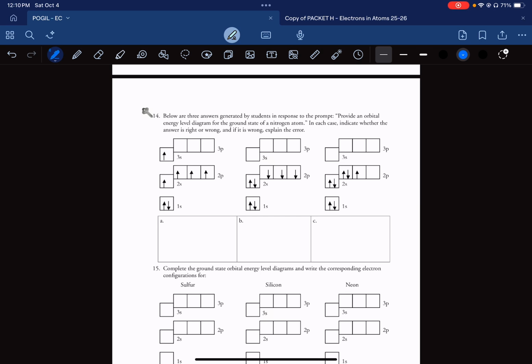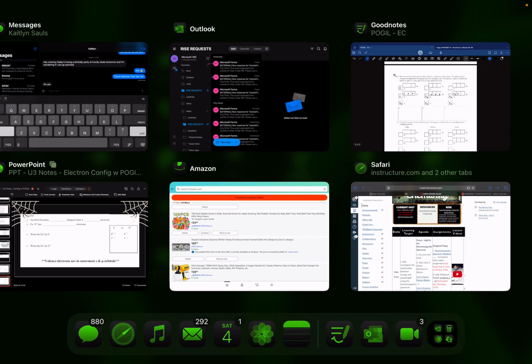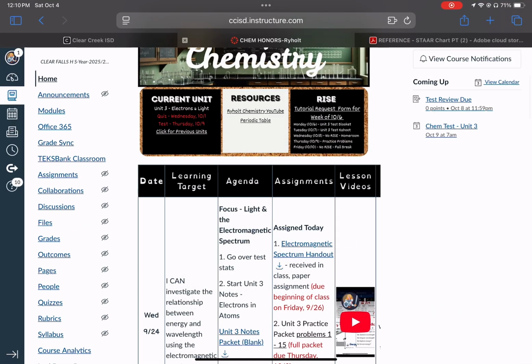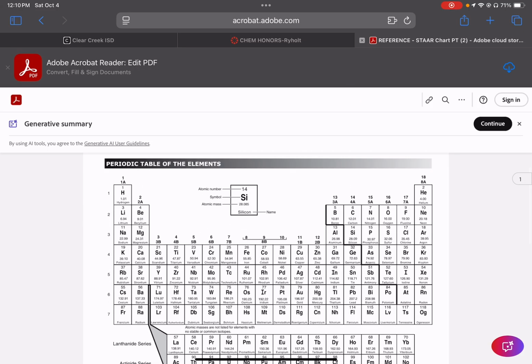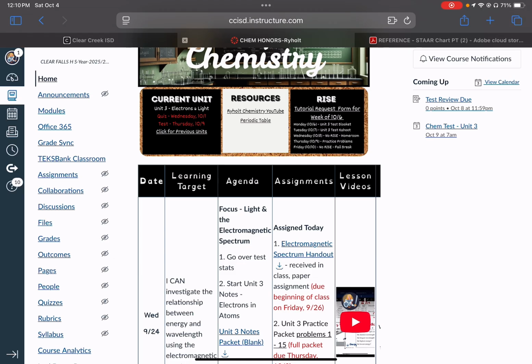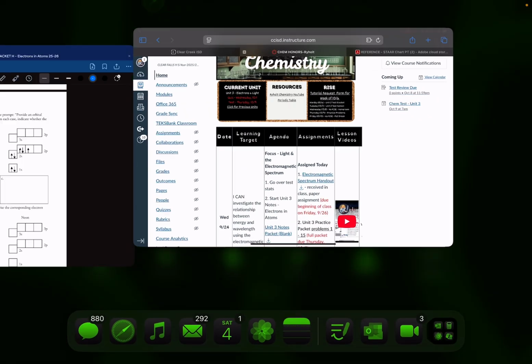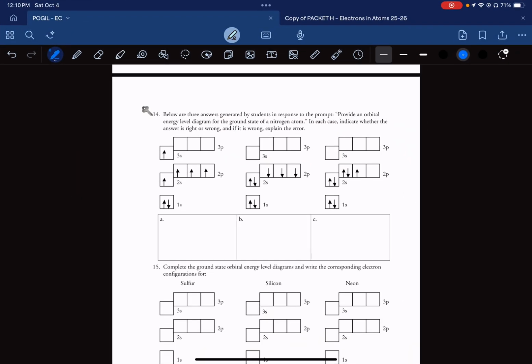Alright, the next rule, the Pauli exclusion principle. Don't worry too much, just soak it all in right now, because in our notes we're going to go over all of these rules again. The Pauli exclusion principle describes the restriction on the placement of electrons into the same orbital.